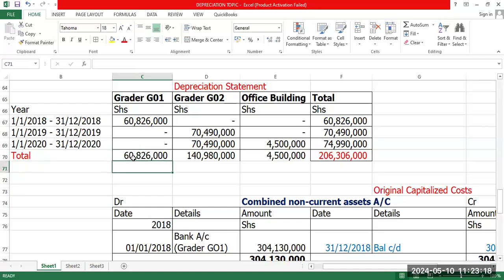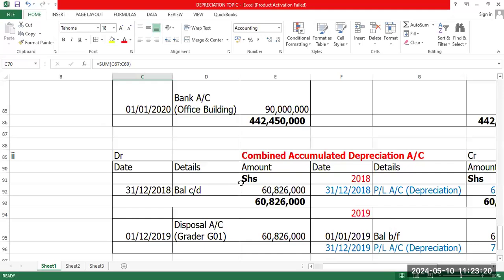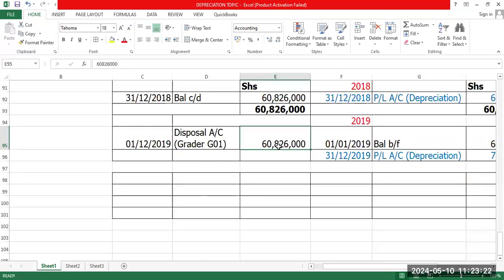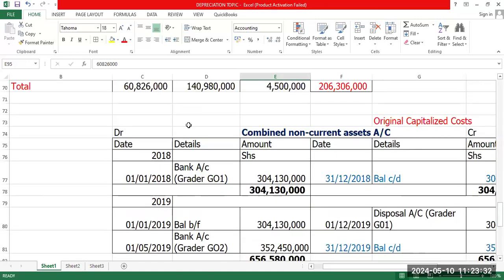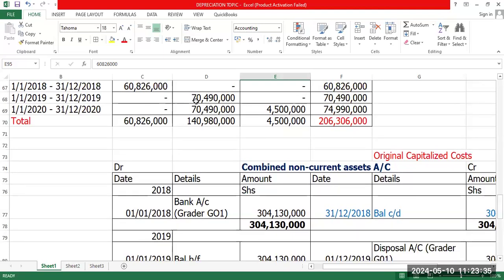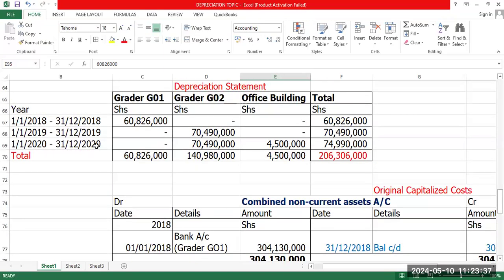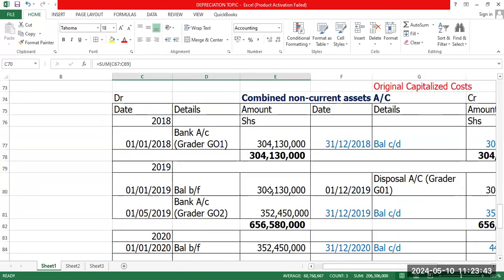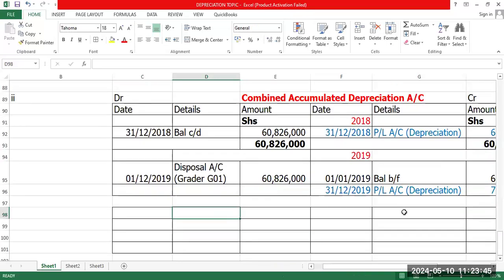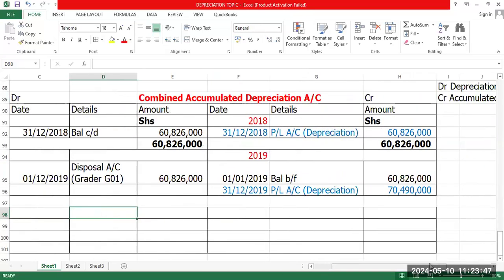That's why we base on this as we record this value. Is it clear, someone who asked? Yes, it is. Okay. If at all we are looking for total depreciation of grader 2 and we disposed of the asset in 2019, we pick this. These ones correspond to each asset. Okay. So which side is higher?